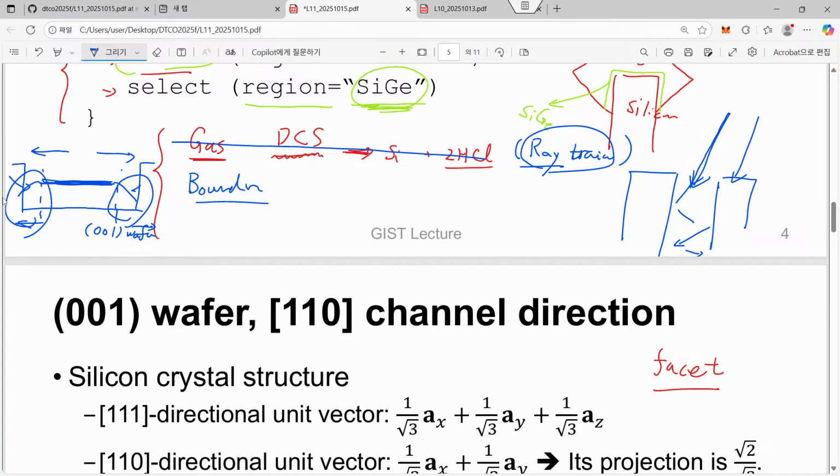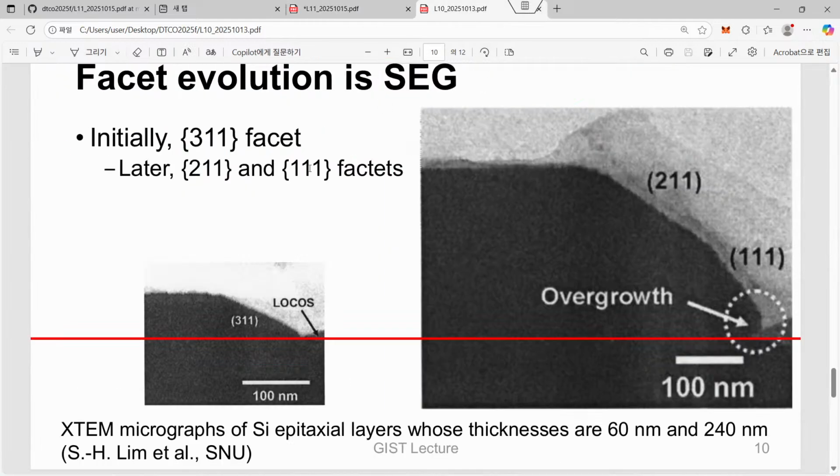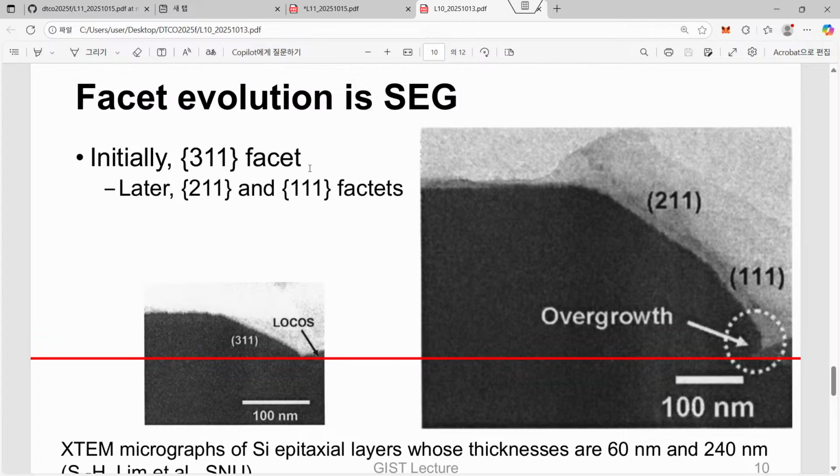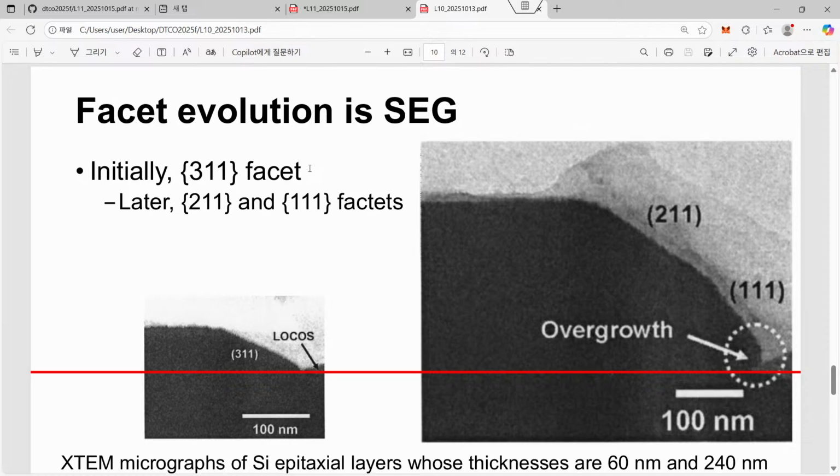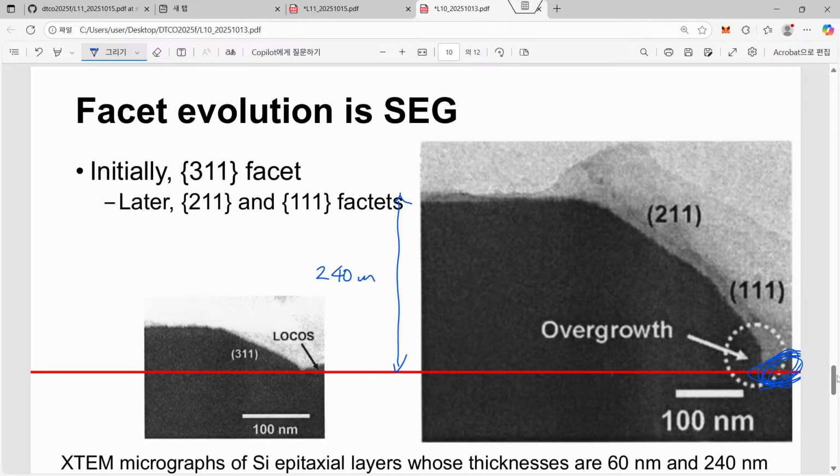You can find such an argument here. This one, we have grown 240 nanometers, and you can see that here we have a boundary generated from LOCOS. This is oxide.